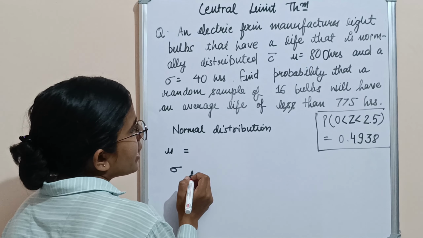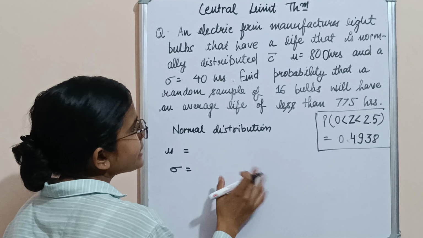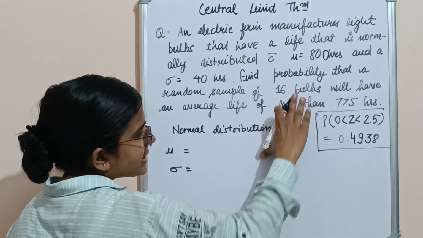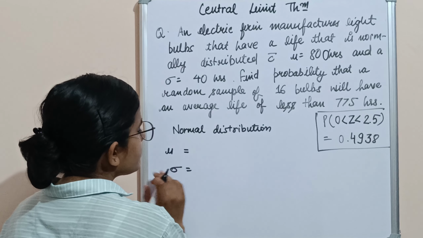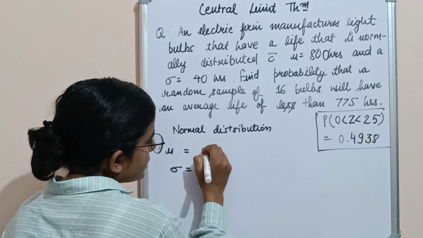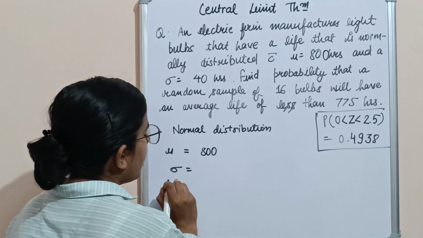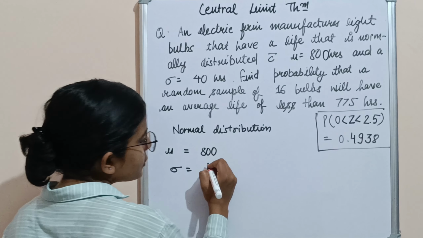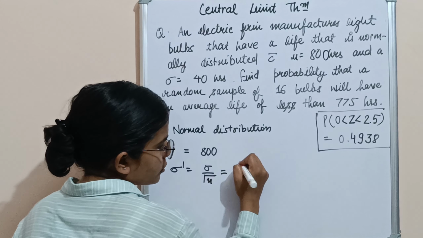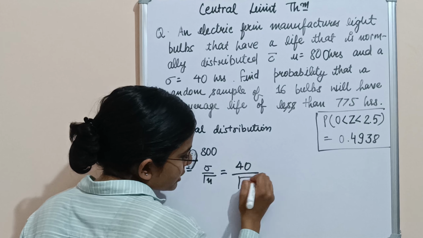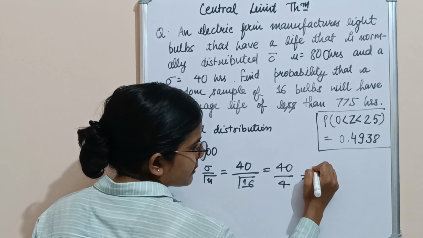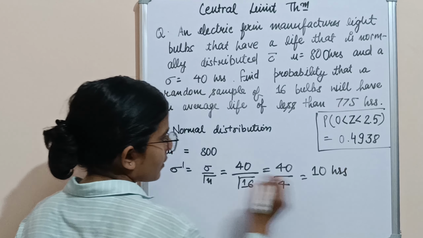Now, if our new random variable x defines the average life of these 16 bulbs, then our mean value will be 800 hours and our new standard deviation will be the initial sigma divided by root n. So this will be 40 divided by root 16, that is 40 divided by 4, and that equals 10 hours.